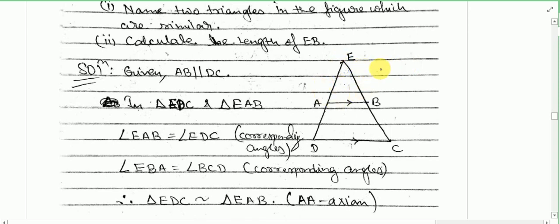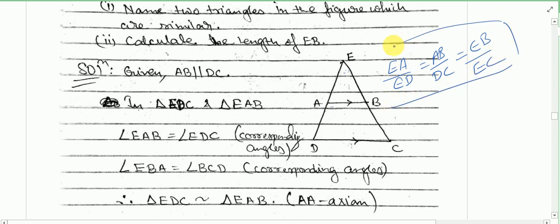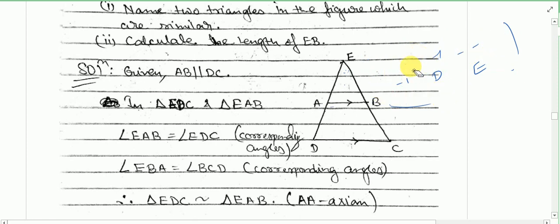Corresponding side of EA will be ED, corresponding side of AB will be DC, and corresponding side of EB will be EC. Then you can easily substitute the values and you can get the answer. Clear? So let us see.